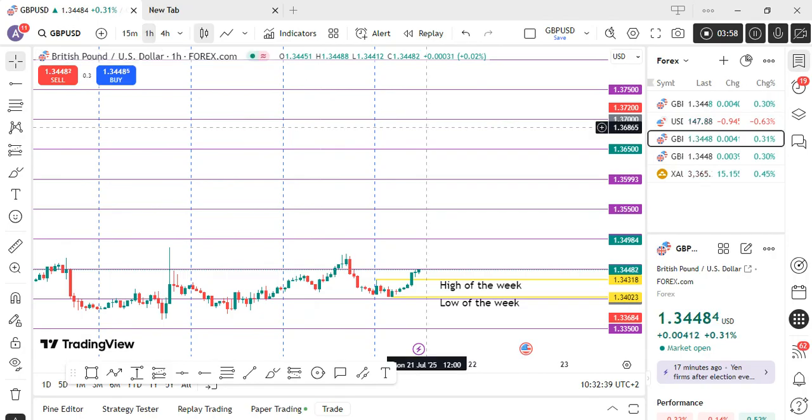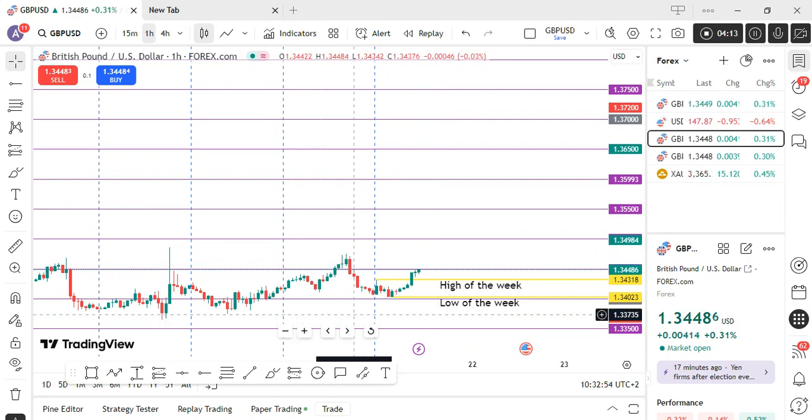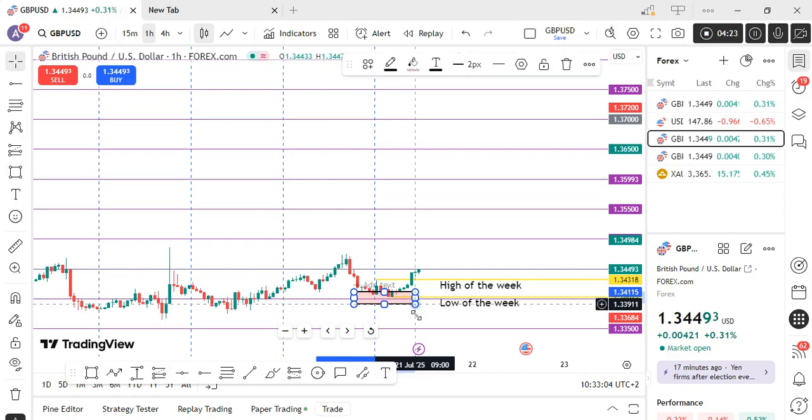Yesterday there was load shedding and the light came back around 9 something, a few minutes ago. If I had seen this on time, if I wasn't offline, I was going to buy GBPUSD from this level. Why?